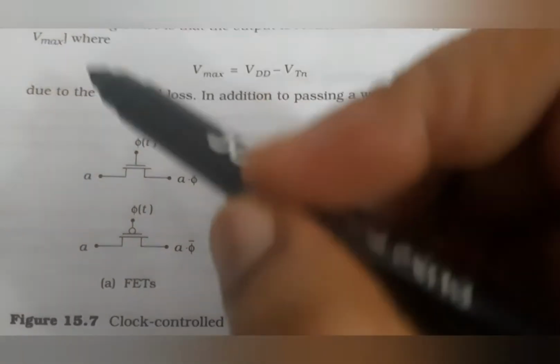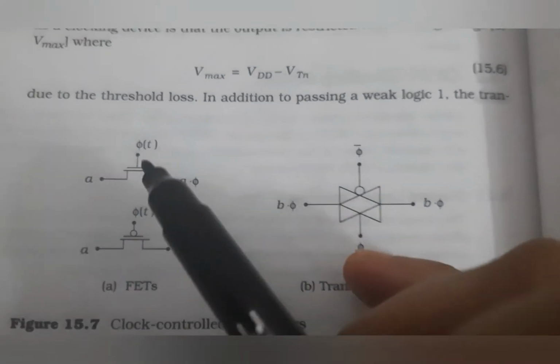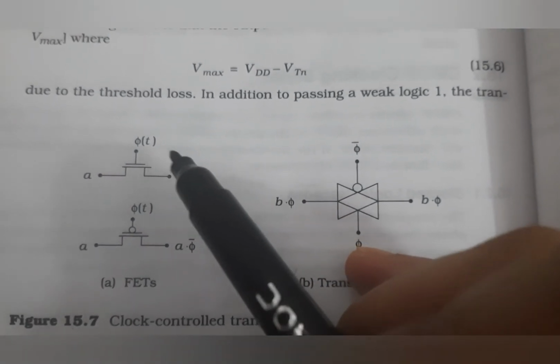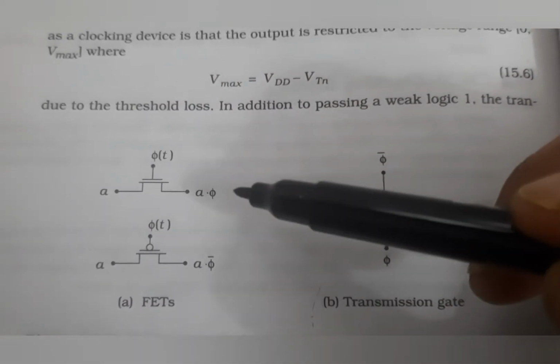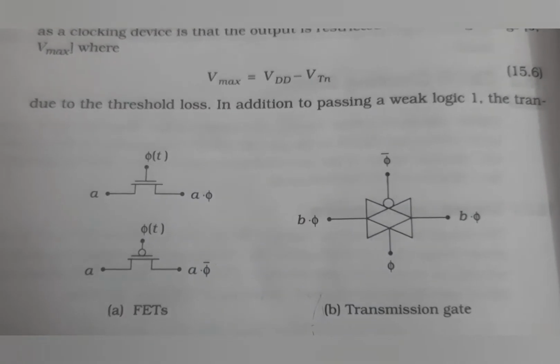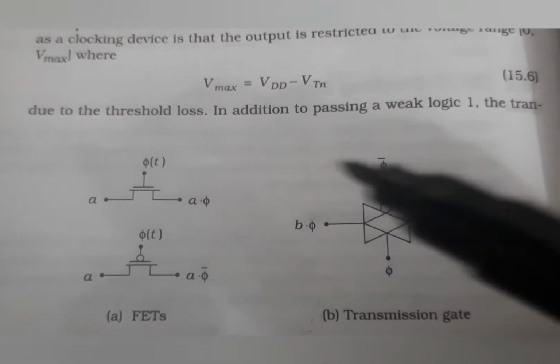The commonly used clock control transistor is NFET, even though it generates weak logic 1. In a proper design we cannot avoid it, but we can reduce the effect of this weak logic 1.